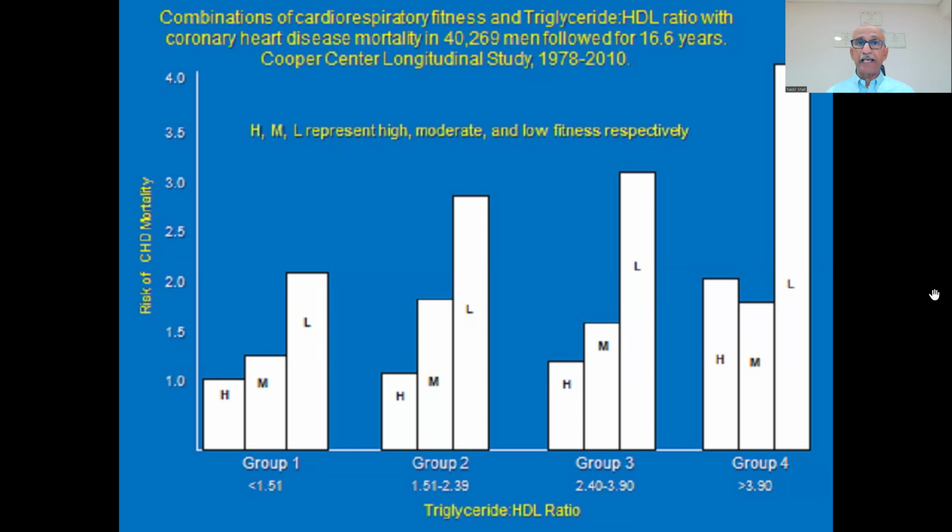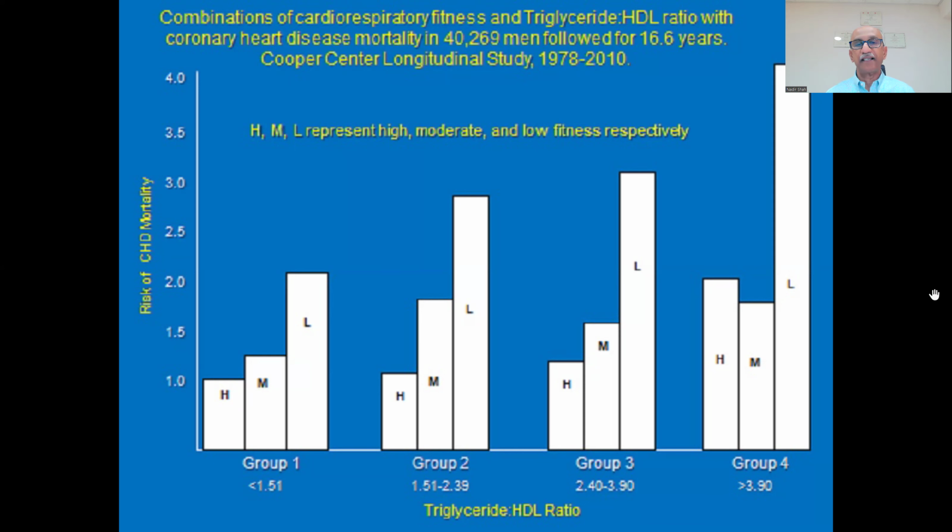I did my separate vlog on how I raised my HDL from 27 to almost the late 50s. And now I just recently got 58. So now my triglyceride dropped from 92 to 48 most recently, and my HDL went from 27 to 58.